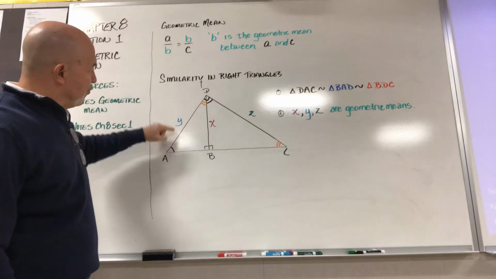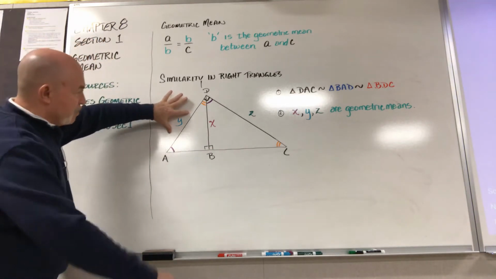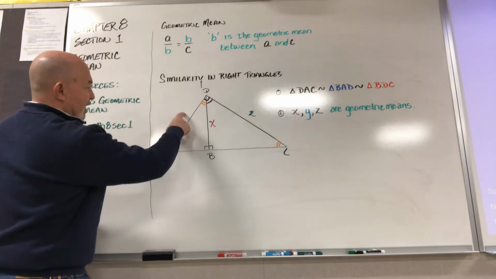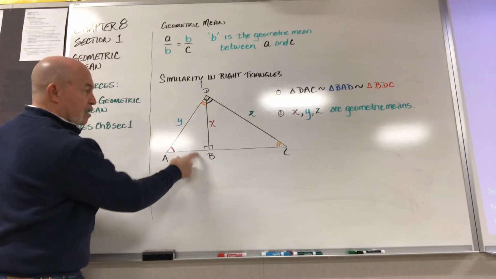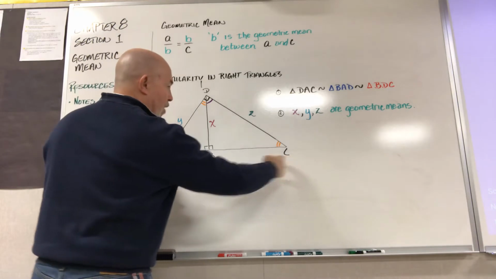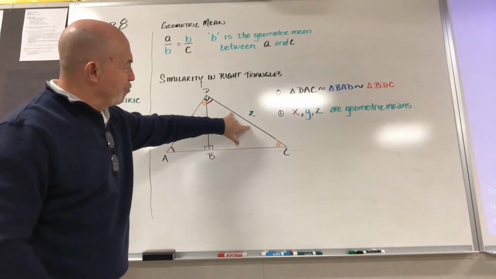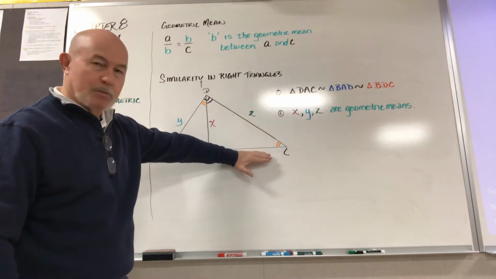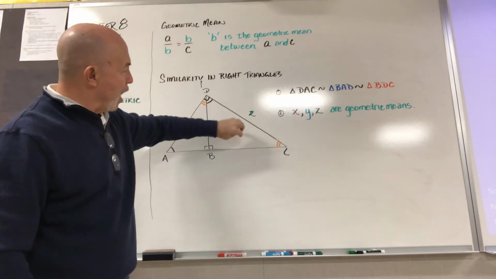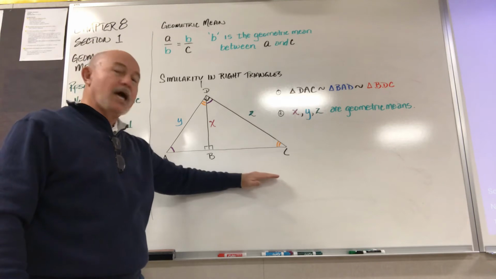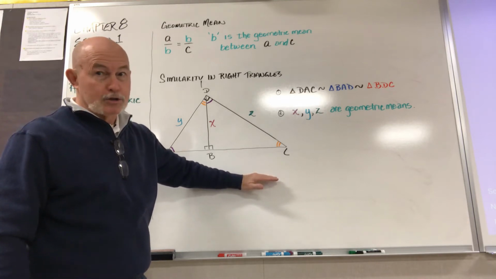This segment is leg to leg, hypotenuse to hypotenuse. Same over here. The leg of the big triangle compares to the leg of the small triangle. The hypotenuse of the small triangle compares to the hypotenuse of the large triangle.